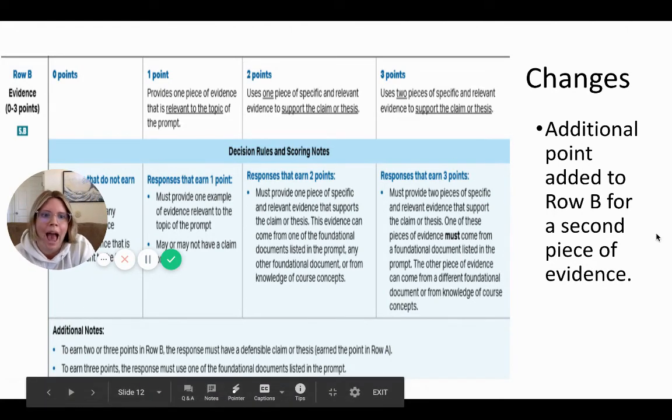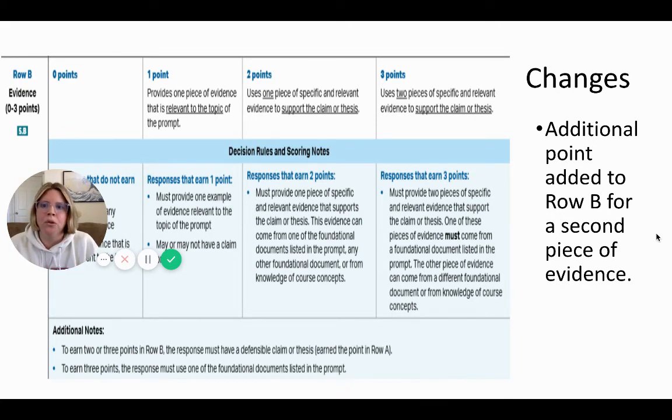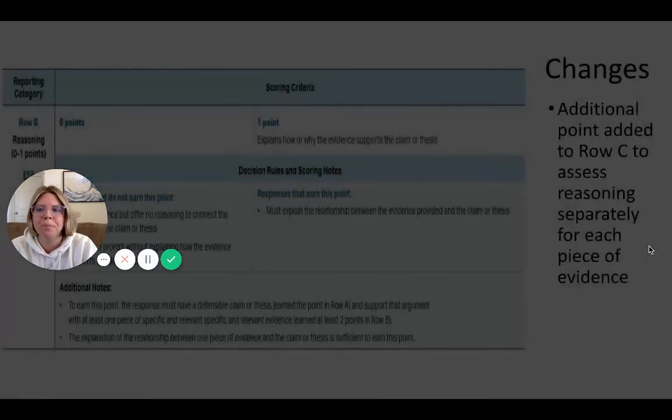If you see here, they added a second row for the evidence. So basically you get a point for explaining the evidence and a point for connecting it to your thesis, and then a point for explaining the second piece of evidence, and then a second point, or a fourth point really, for connecting it to the thesis. So that's one of the changes, that basically just another point that you could get. So more specific, more detail, connection to your evidence, that just helps to get you those points.